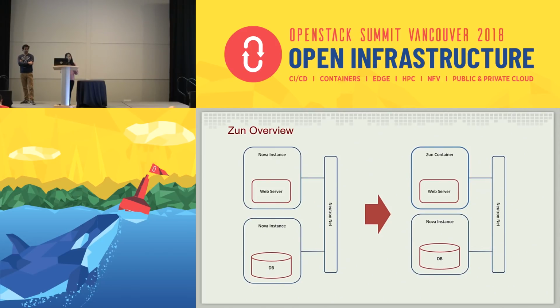With Zun, you can run any lightweight service in a container and the heavyweight application or service on a VM, and Zun will do the networking for you. So the communication between a Nova VM and a Zun container is possible. This way you can implement any kind of application and run different setups for your application so that you utilize the resources in a proper way.